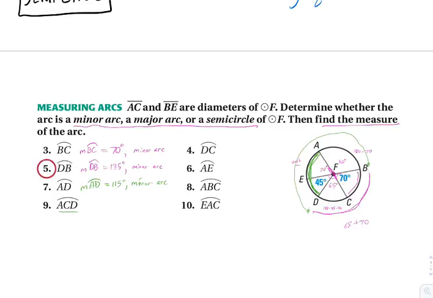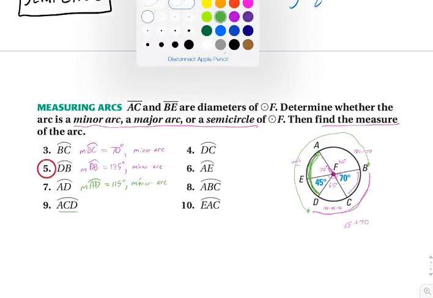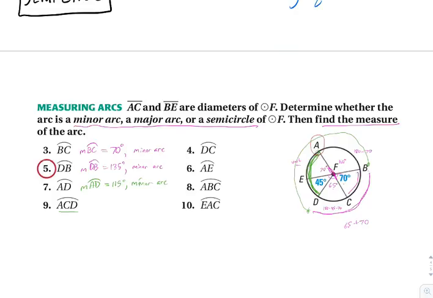Now ACD is using 3 letters here, so let's look. We're going from A to D, except we're not doing AD that we just did. Now it's saying, I want you to start at A, go through C, and then go to D. So it's talking about this direction. In that direction, that's going to be the exact opposite of the one we just did. So the measure of ACD is just 360 minus its counterpart.